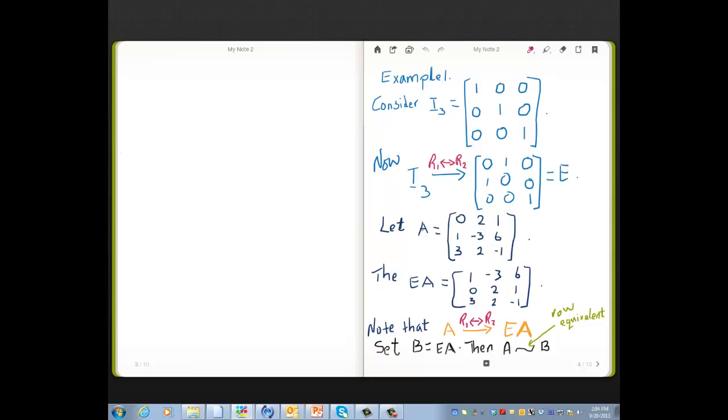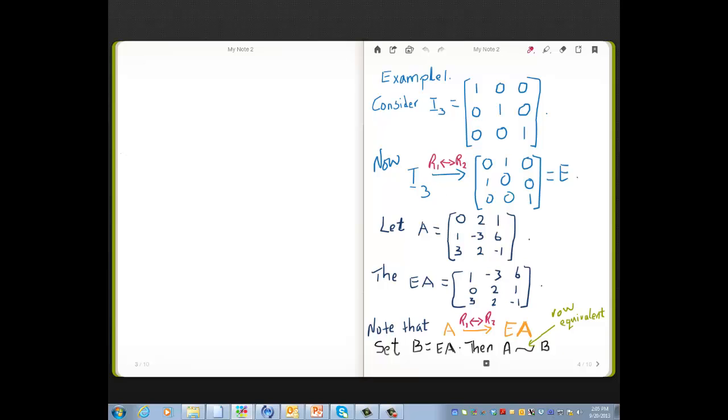Observe that E and EA have something in common. Basically, from A to EA, I have simply switched rows 1 and 2. That is interesting.